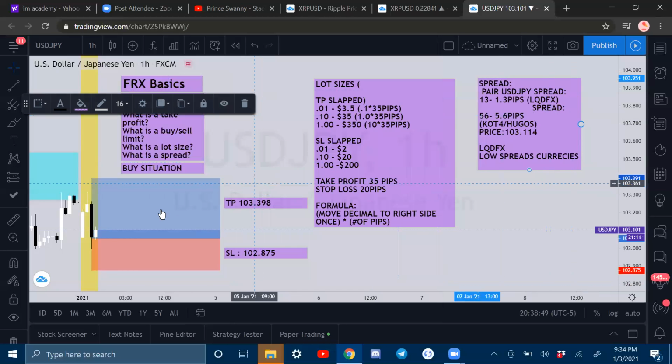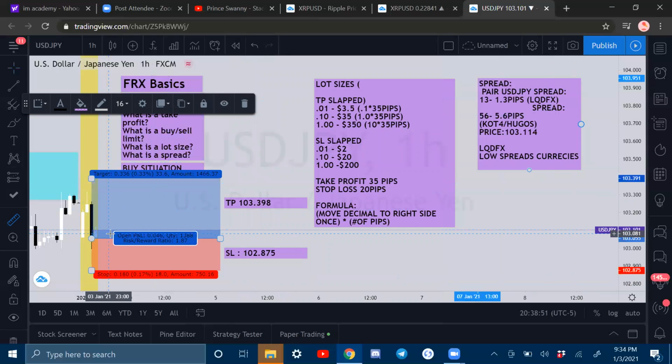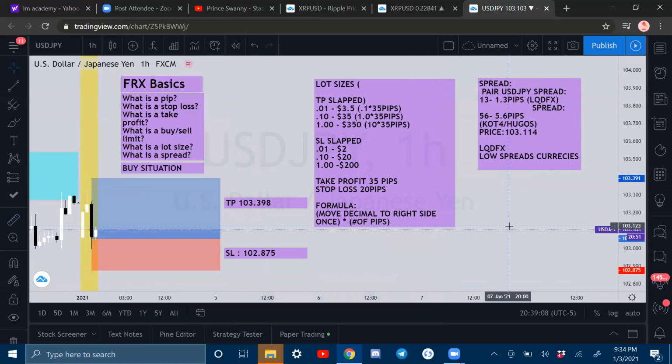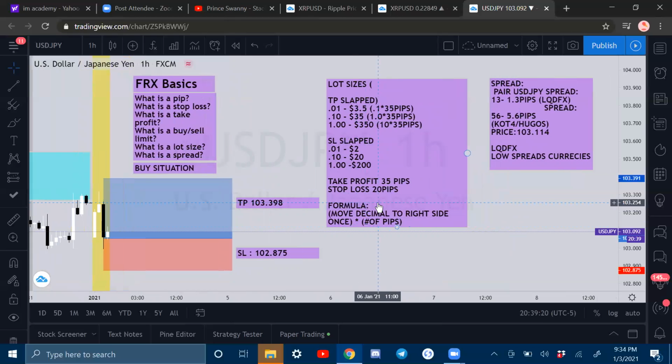So looking at that, knowing what spread is, say I'm going for a buy, I'm going to get an entry 5.6 pips higher rather than 1.3. That's self-explanatory. I'm going with low spreads. So having low spreads on pairs is definitely key. It's going to help you get better entries and save potential profits. So starting with a good broker is definitely important. It helps with the spread.